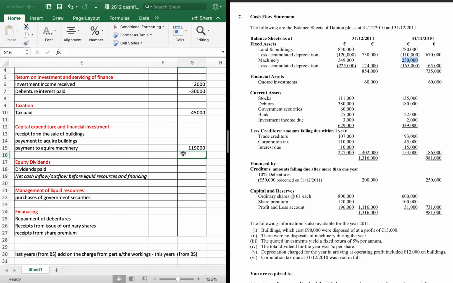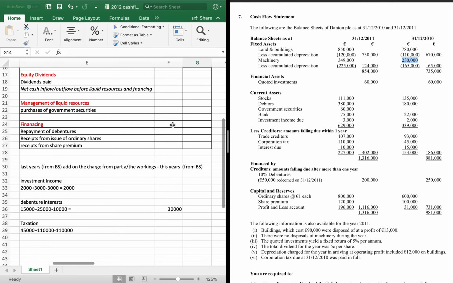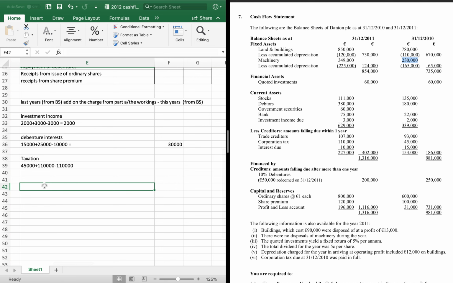Now I'm going to do the payment to acquire buildings next. So let's look at that. Buildings have gone from 780 up to 850. But before they go up to 850, buildings go from 780, and we sold buildings which cost 90, so we have to take away that 90,000.